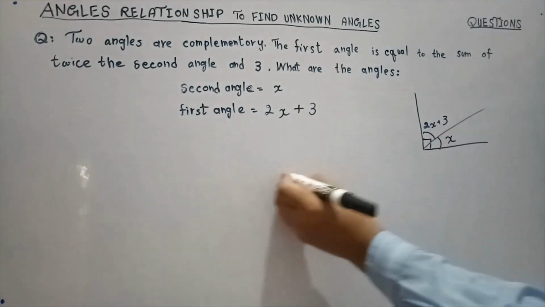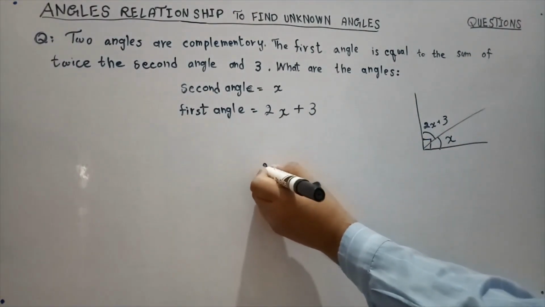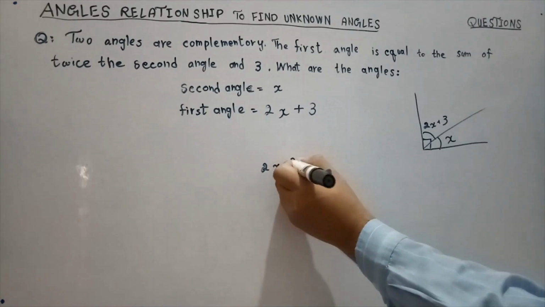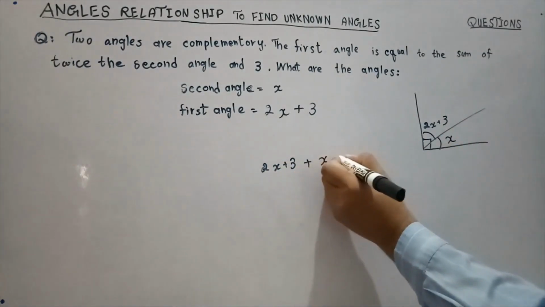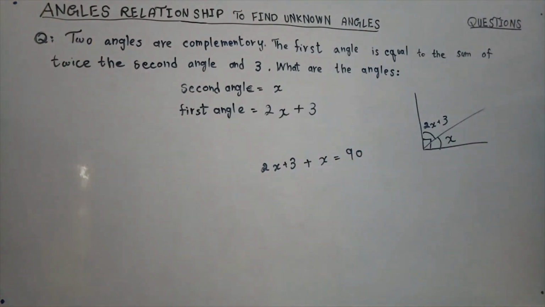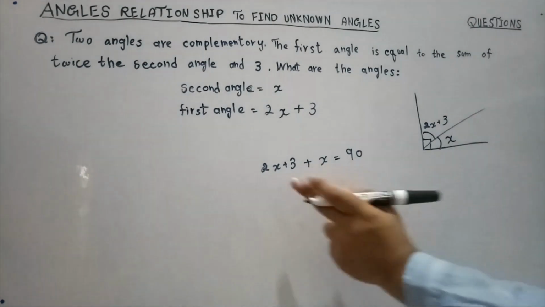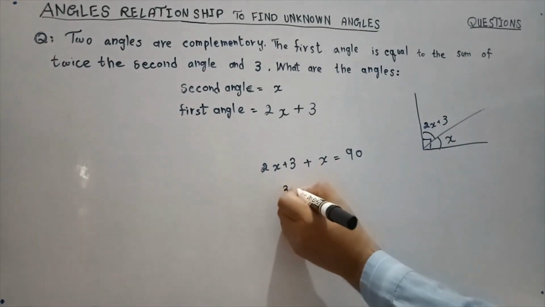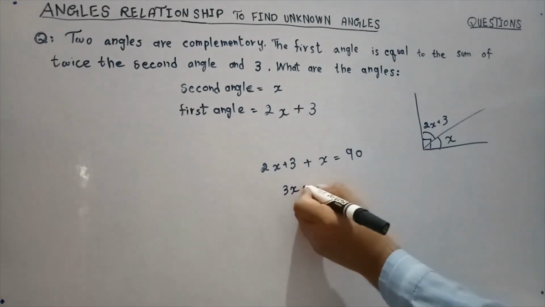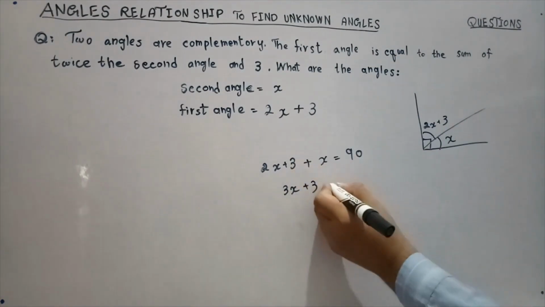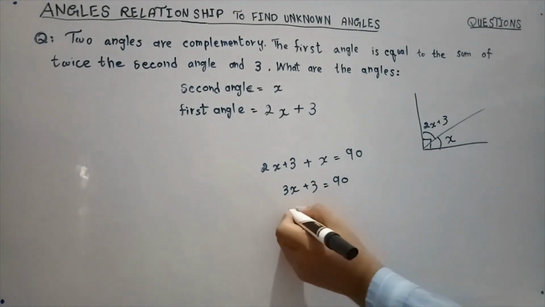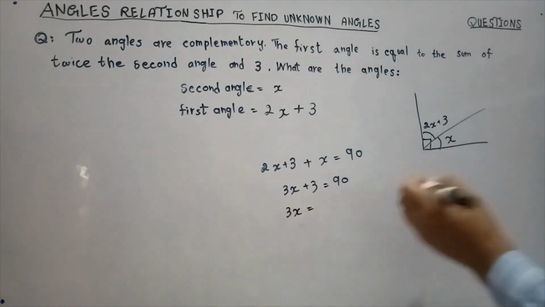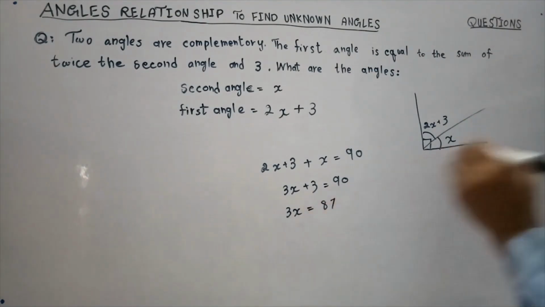So if I take the first angle, 2x plus 3, and add the second angle, x, the sum will be equal to 90 degrees. 2x plus x is 3x, plus 3, equal to 90. If I subtract 3 on both sides, we are left with 3x equal to 87.